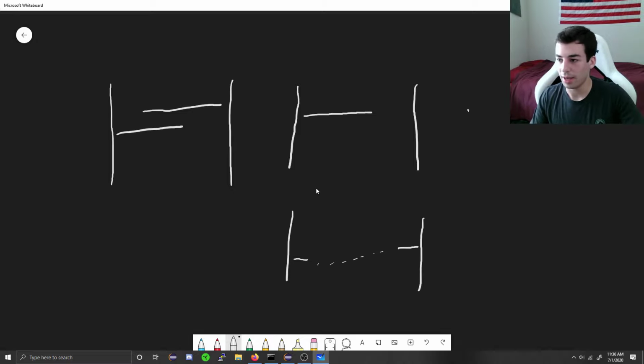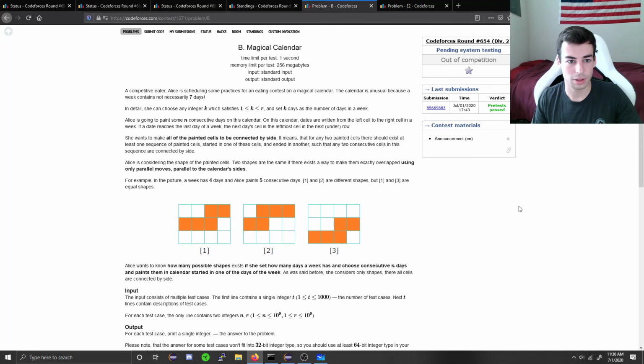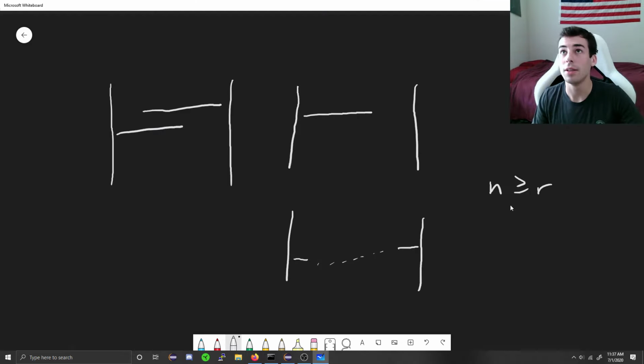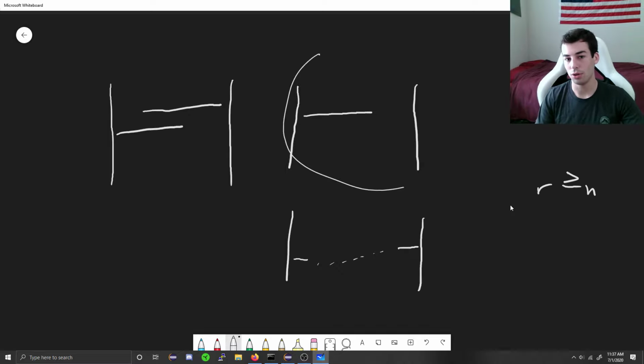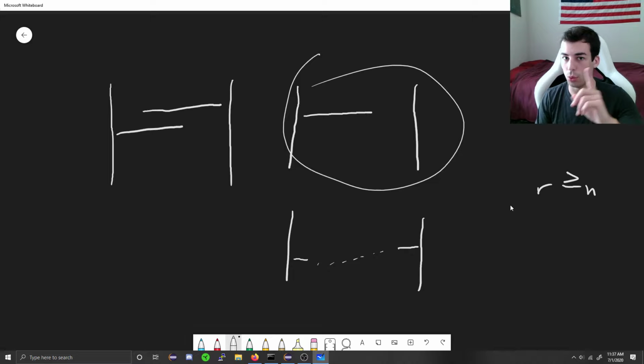So for this part you just have the one way, so it's plus 1 for r, for just a straight line.